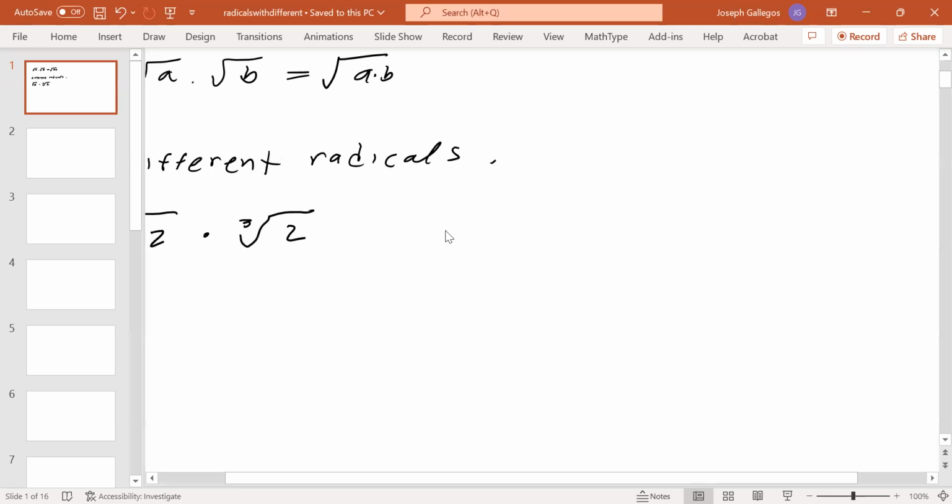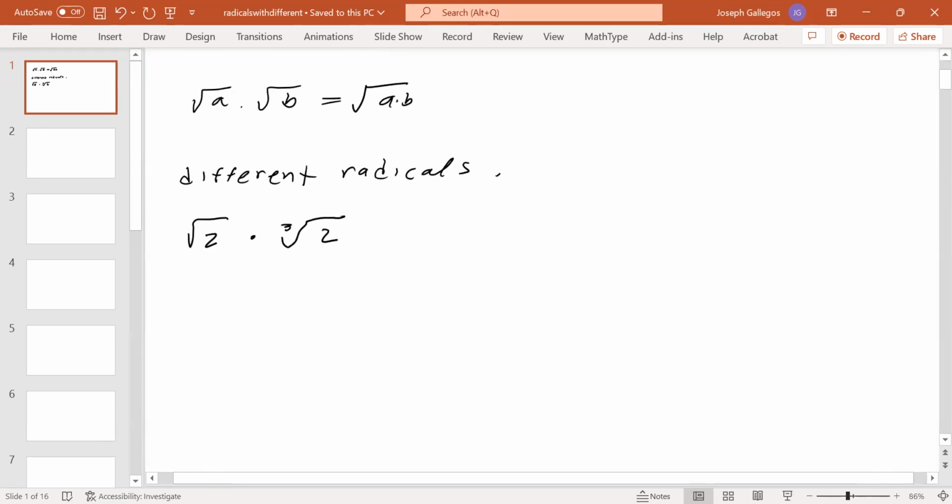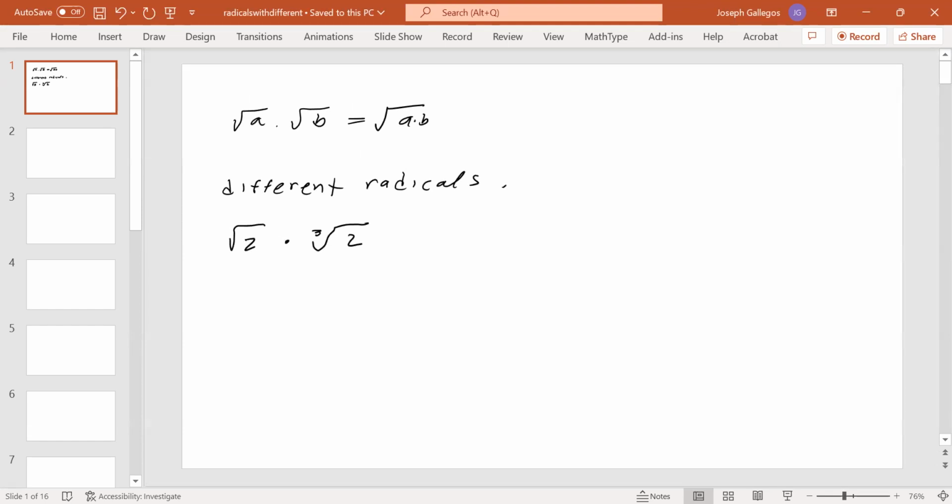And when we rewrite in exponent form, then we can apply properties of exponents to help us resolve the multiplication. And recall that the square root of 2 is the same as 2 to the 1/2 exponent. And the cubed root of 2 is 2 to the 1/3 power. And now they have the same base.